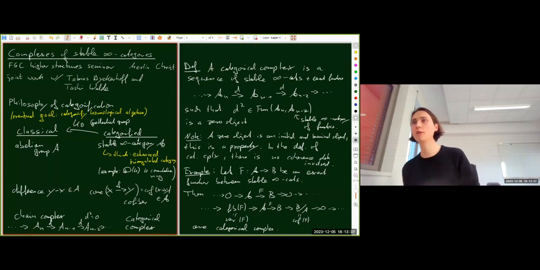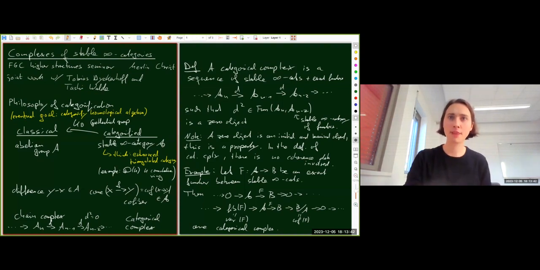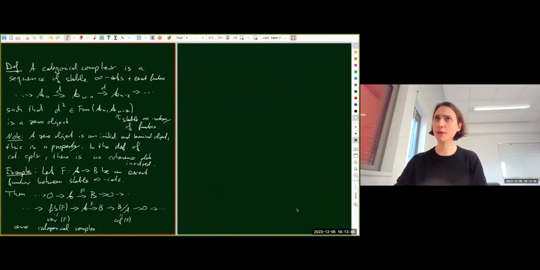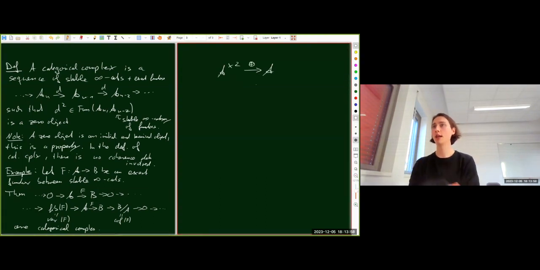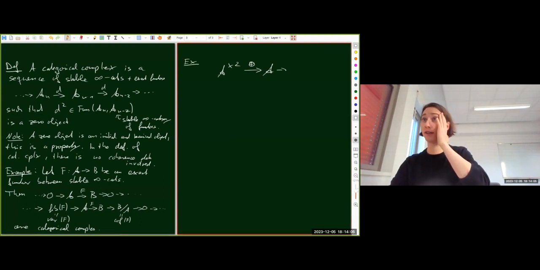You can of course say that's the definition, but maybe it's not the right definition in general, because there's this example of a functor. Take any stable infinity category A, and then take the product with itself, and then you have the direct sum functor to A. If you take this functor, it's clearly surjective, so its cofiber is 0.